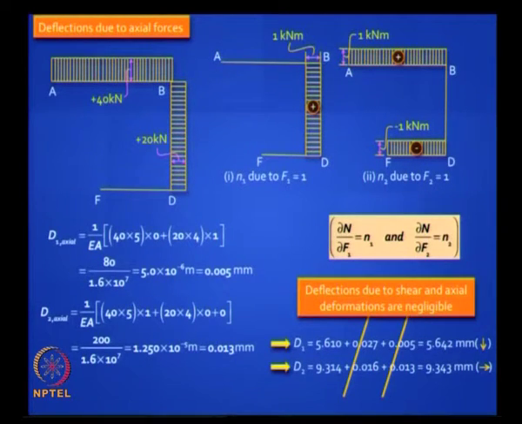You will find that the total deflections d1 and d2 are 5.64 and 9.34 mm downward and to the right, and those additional terms that we have cut off here are terms that come from shear and axial, and you will see that they are actually negligible.